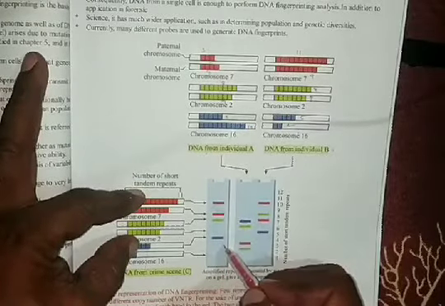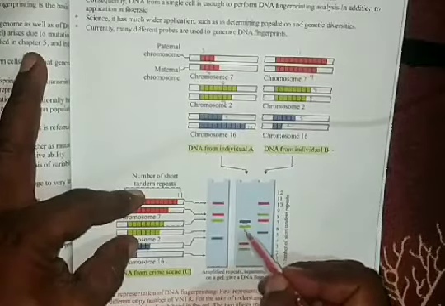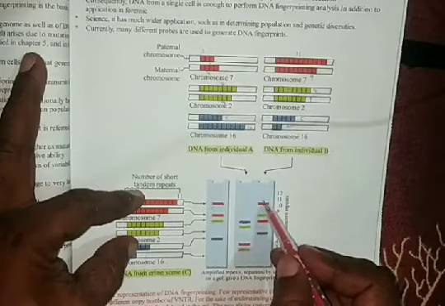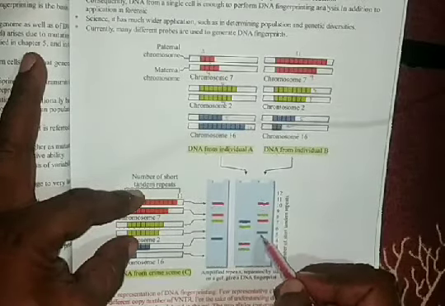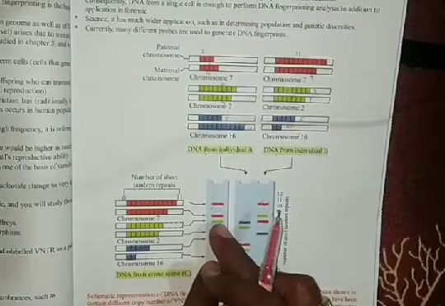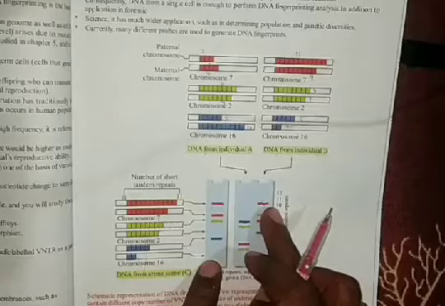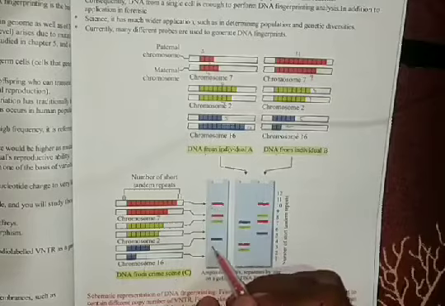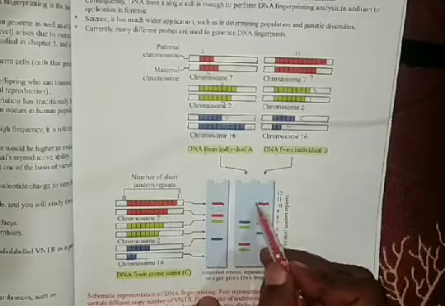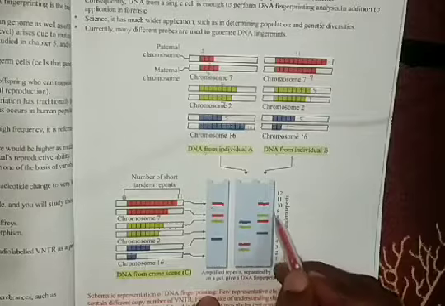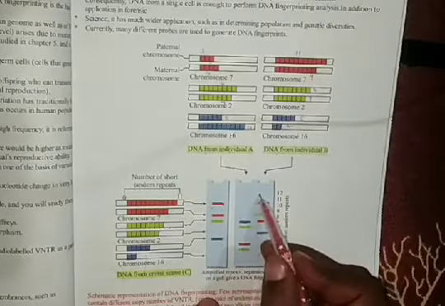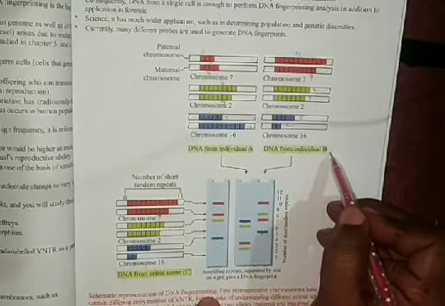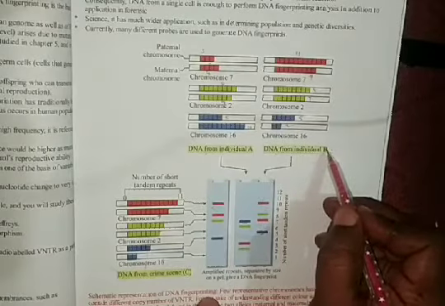The tandem repeats of the crime scene DNA are like this, the DNA of individual A is like this, and the DNA of individual B is like this. When we compare them, the DNA bands of individual B are similar to the crime scene DNA bands, so this particular individual B is the criminal.